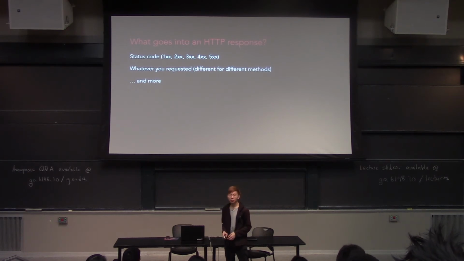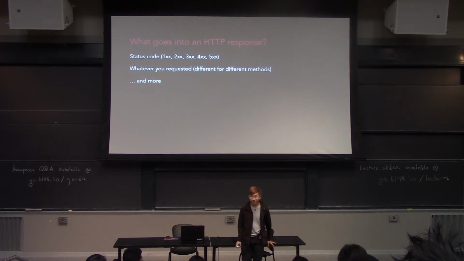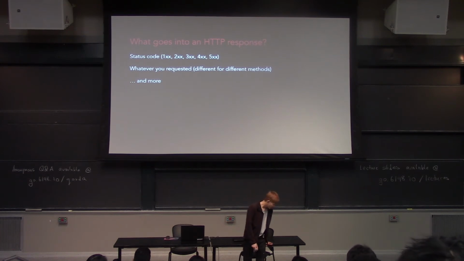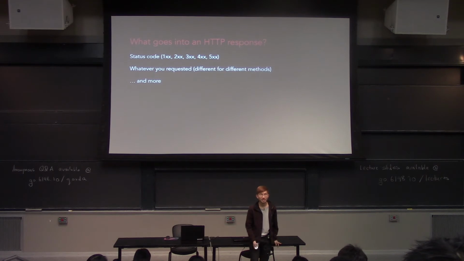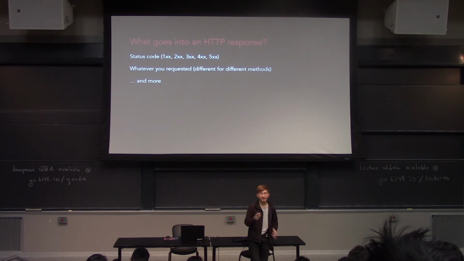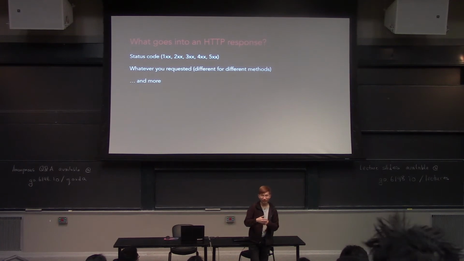Your response will also contain whatever you requested. This is different depending on the type of request that you make. So I'm going to tell you about the response to a GET and a POST request. When you make a GET request, your response will actually contain all of the data that you requested. In the response, you'll receive some sort of JSON object, and inside that JSON object will be everything you requested.